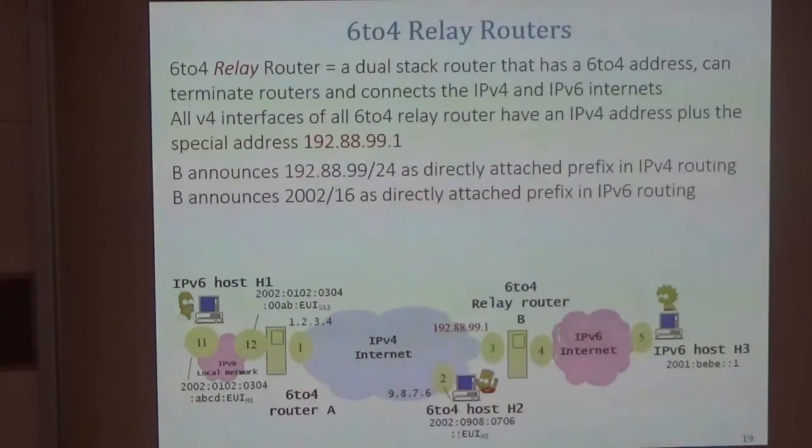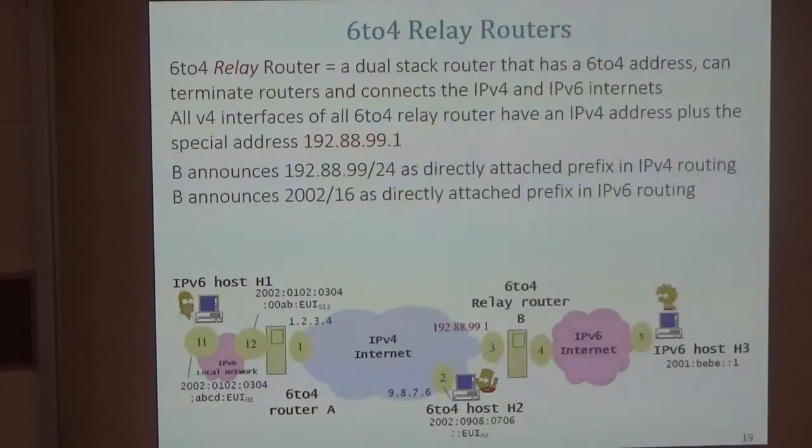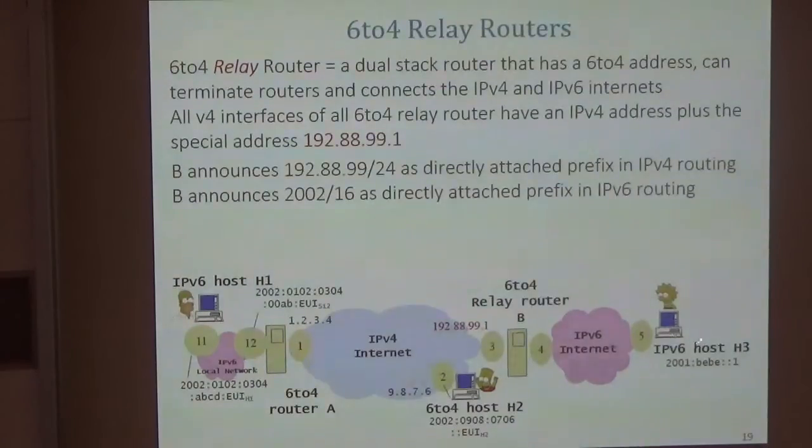Similarly, router B will announce, in the sense of routing protocols, if it runs OSPF or RIP, the prefix 2002::/16 into the IPv6 internet, which means that if Lisa is sending a packet to H1 or to H2, the prefix starts with 2002, therefore shortest path or whatever routing in the IPv6 internet will reach B or another router like B, that is a 6to4 relay router.